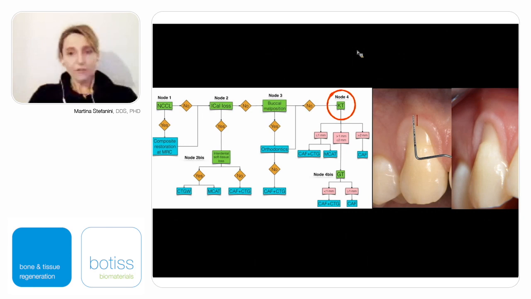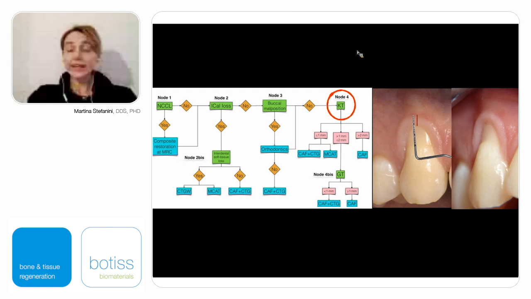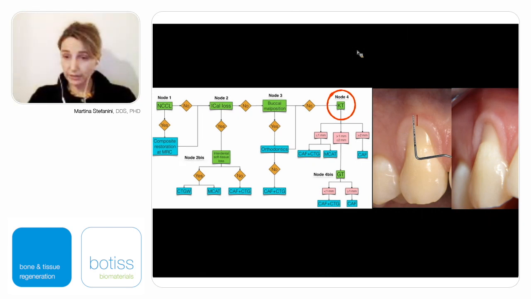If we have at least 1 millimeter of keratinized tissue apical to the gingival recession, we know that our flap, our coronally advanced flap, can remain stable in the final position, ensuring the possibility to obtain complete root coverage.